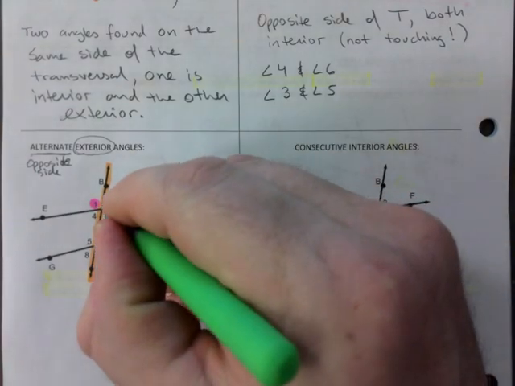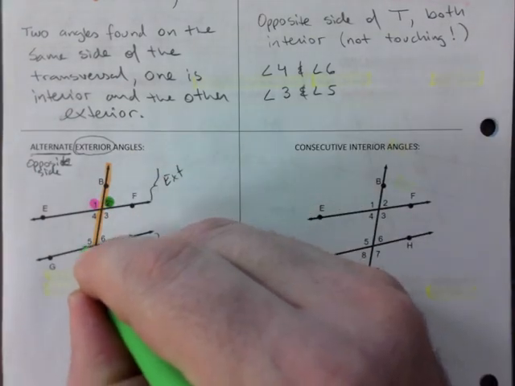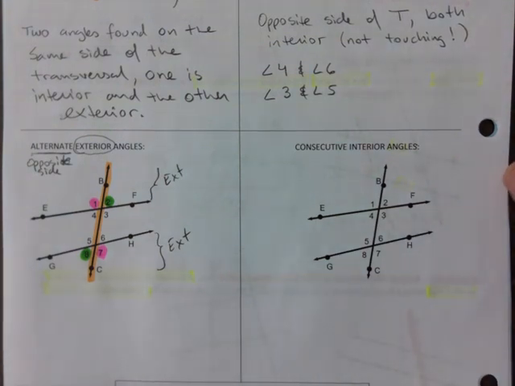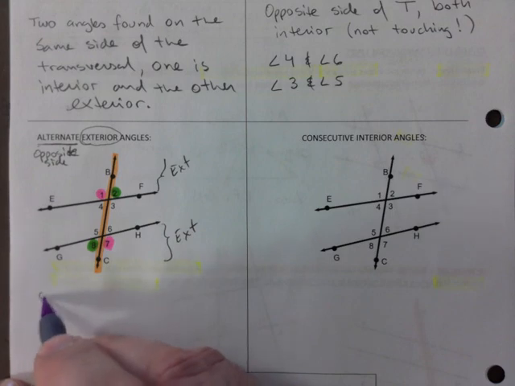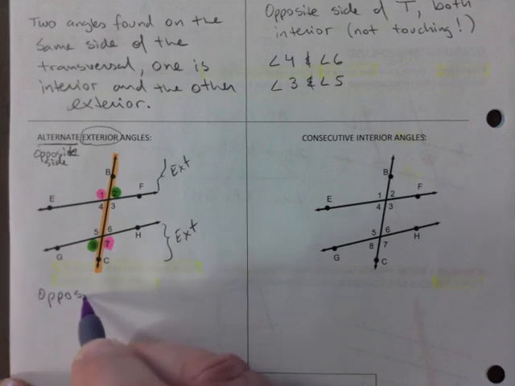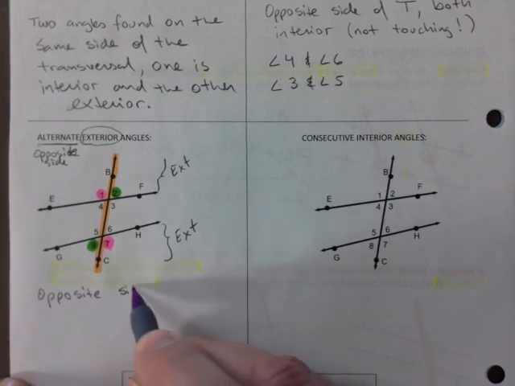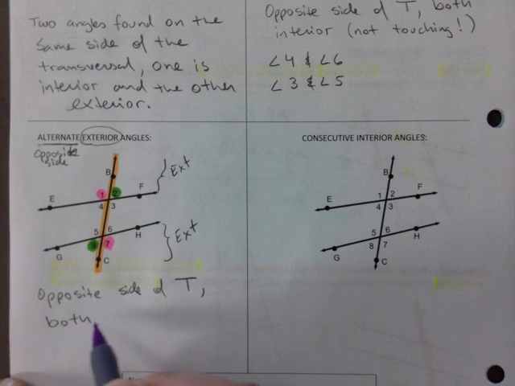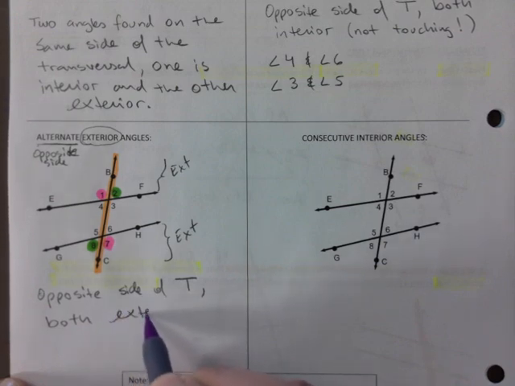And then the 2 is alternate exterior to that 8 over there. So I'll say this: opposite side of T, both exterior. Not touching.